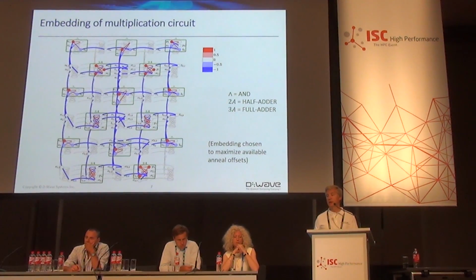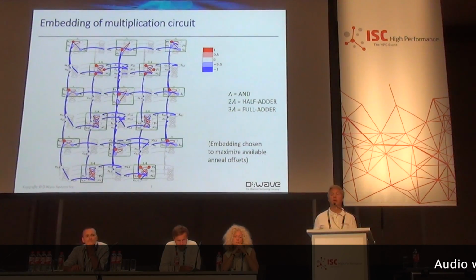This is actually using a 5x6 array of unit cells in our system. So that's 30 unit cells, 8 qubits per unit cell. So this is using a total of 240 qubits in order to do this factoring problem.